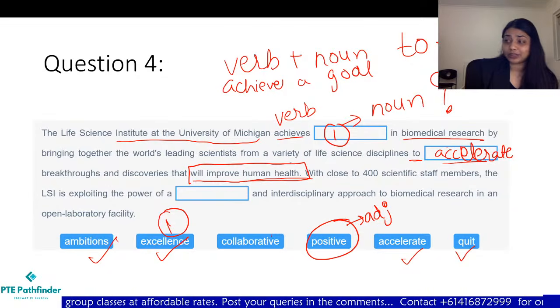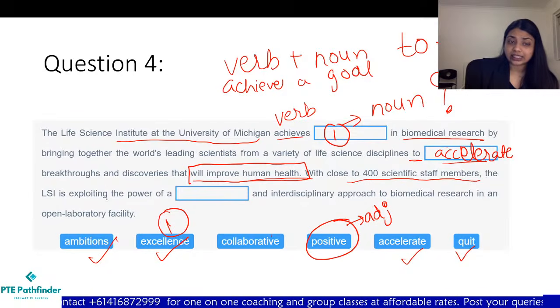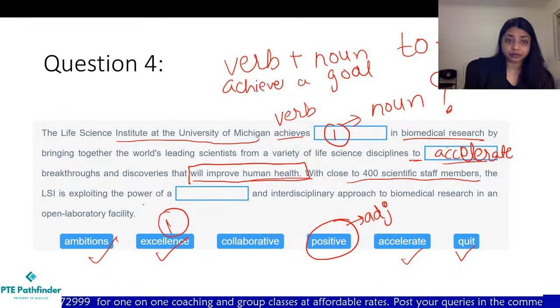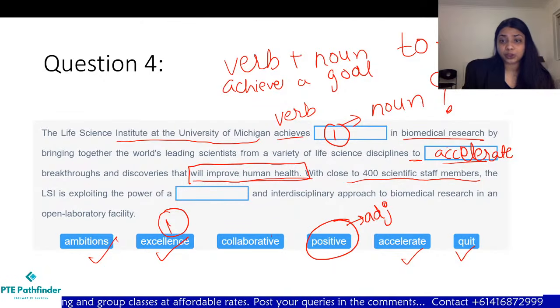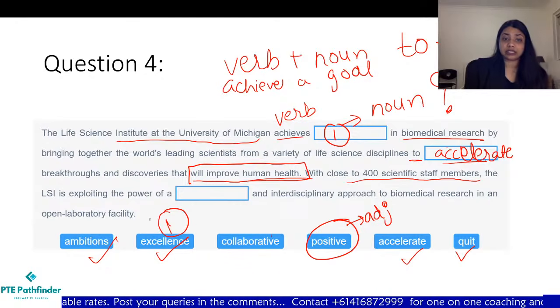Good try. Good work. So now let's have a look at the last blank. So it says, with close to 400 scientific staff members, the LSI is exploiting the power of a dash and interdisciplinary approach to a biomedical research in an open laboratory facility.